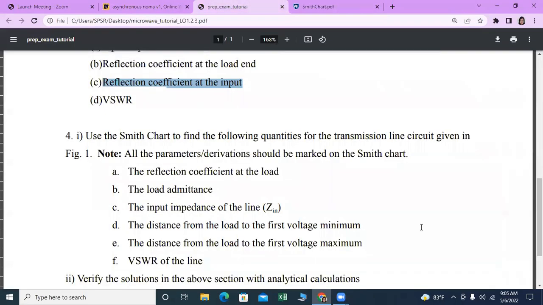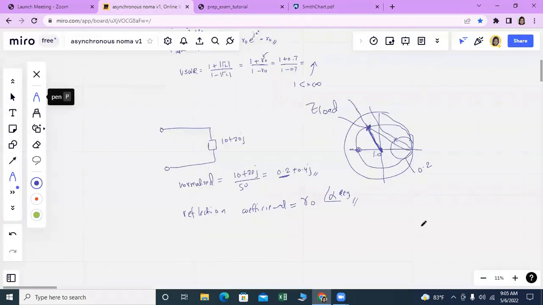And then you have the load admittance. In order to find the load admittance, you have to take 180 degrees from the load point, which means you are taking the opposite point in the Smith chart.